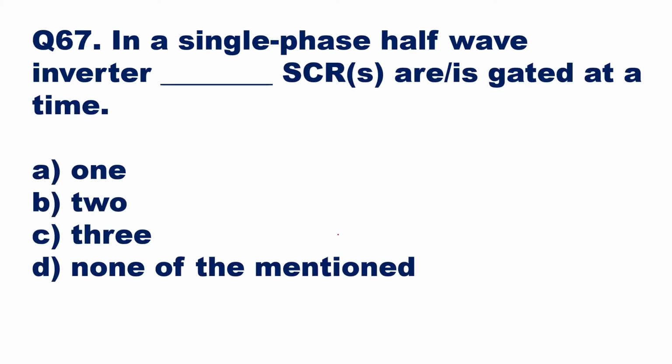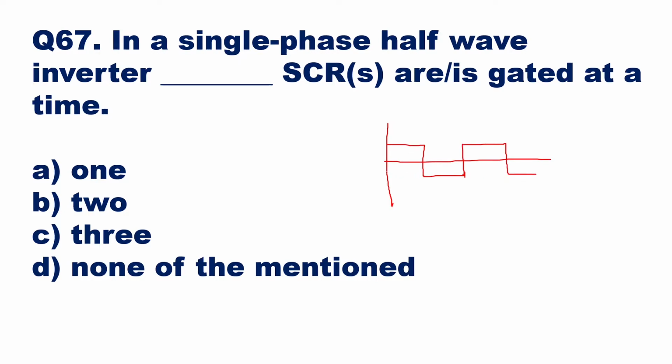Then we'll go to question number 67. In a single phase half wave inverter, dash SCRs are or is gated at a time. In a single phase half wave inverter, we are going to get output like this. Whatever we are going to get, this will be the output.